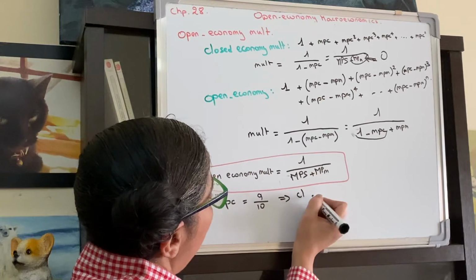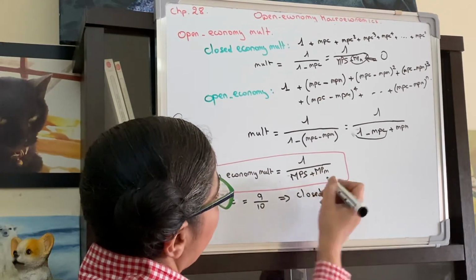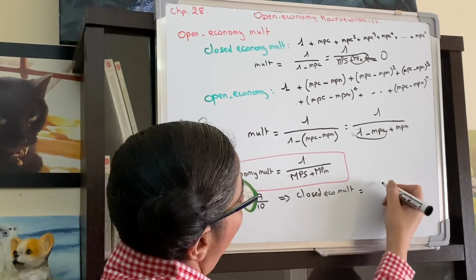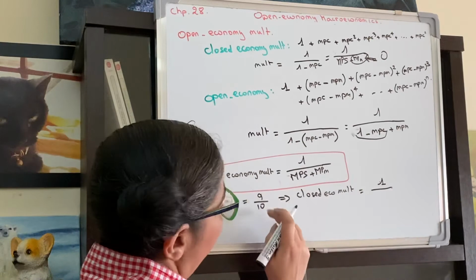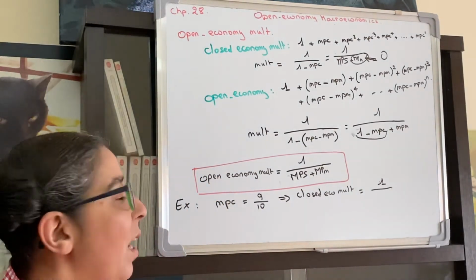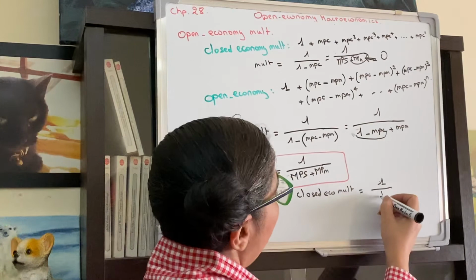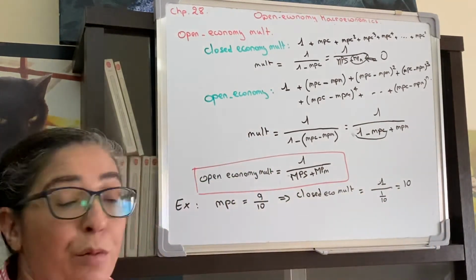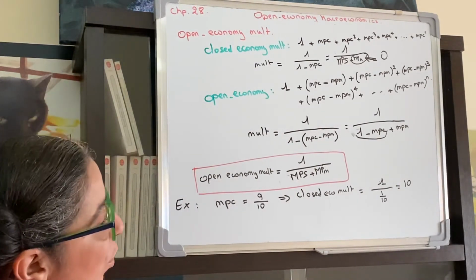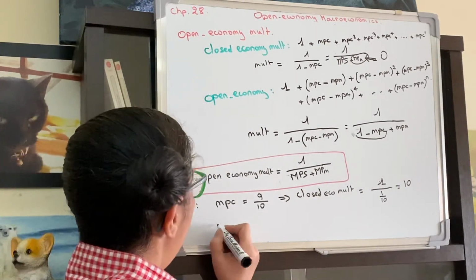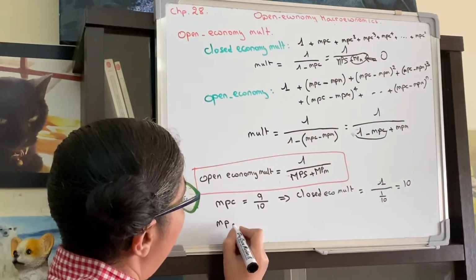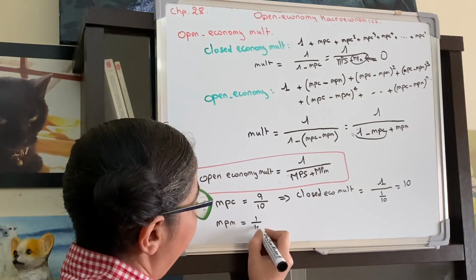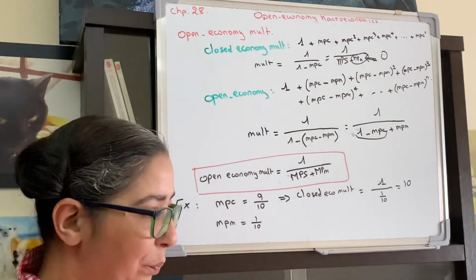Closed economy multiplier would be 1 over 1 minus 9 over 10, that would be 1 over 10. 1 over 10, so your multiplier would be 10. Agreed? That's in the closed economy. Open economy, same thing, but I have to add MPM. MPM is 1 over 10. Okay, I'm keeping the same example.